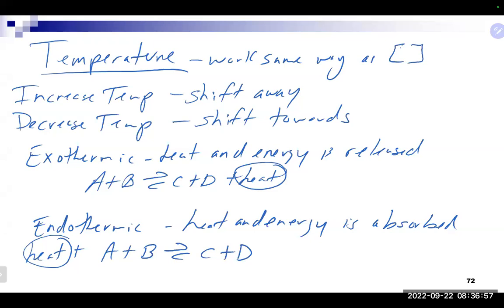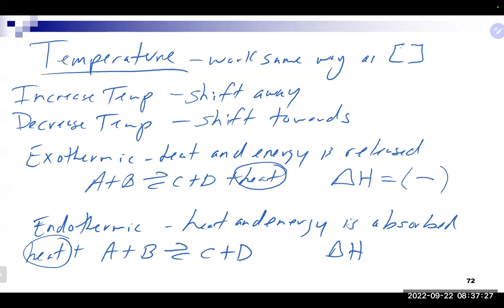In addition, in most cases, one way we can determine if it's an exothermic or endothermic reaction is that you're given a delta H value, which is our change in enthalpy. And if it's an exothermic reaction, delta H should be positive or negative? 50-50 shot. Should be negative, yeah.